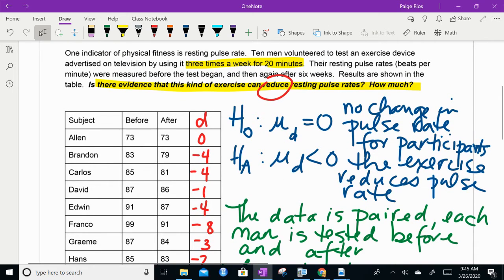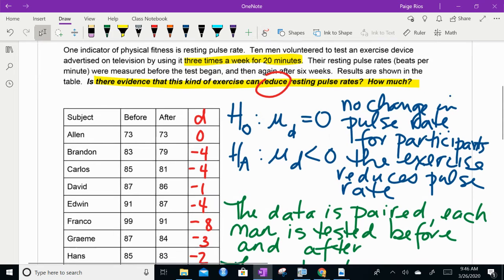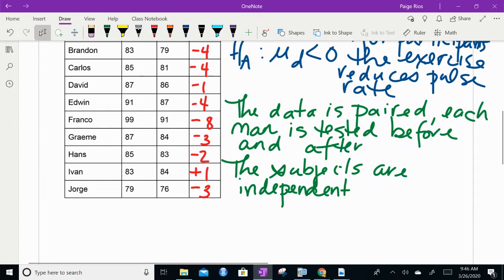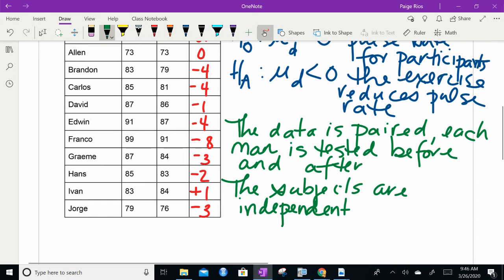So we've got volunteers. And again, there's no indication of randomness here. So what we're going to need to check for this one is that it's less than 10% of the population. Okay. So we can say 10 participants.